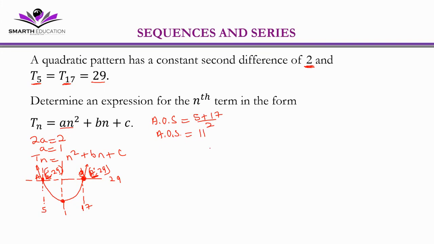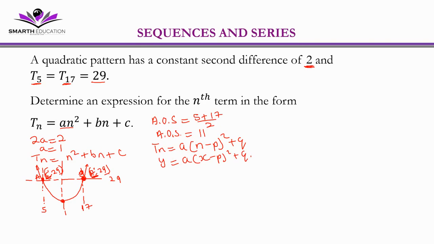So now we can use our equation in the form Tn is equal to a times (n minus p) squared plus q. Remember from our equation, y is equal to a times (x minus p) squared plus q, it's just the same thing. So let's substitute what we have.